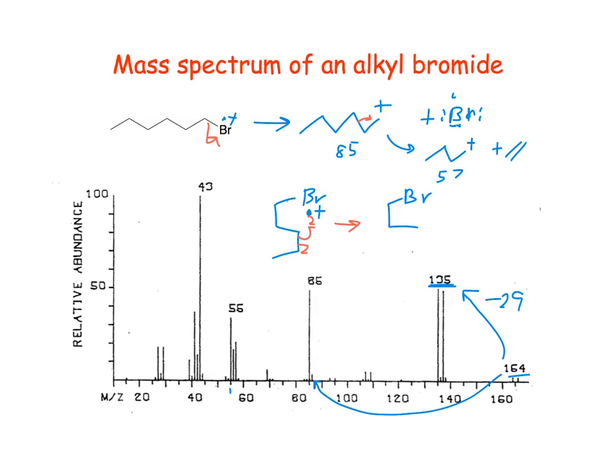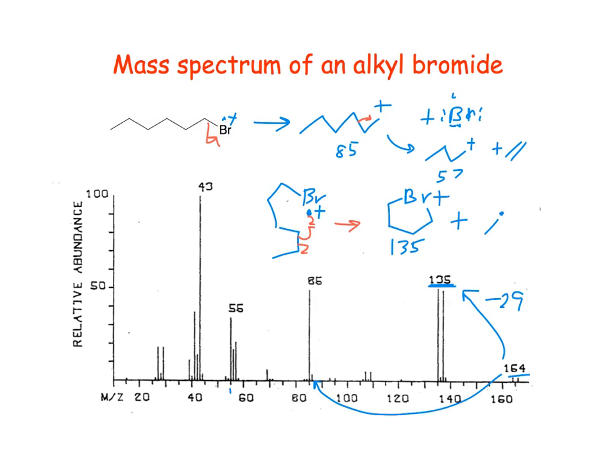Yeah, I should have drawn one more into that ring that we're going to form. So let me do it like this. Like that. So then we're going to end up forming a 5-membered ring plus an ethyl radical. So here's our loss of 29, and this ion is at 135.